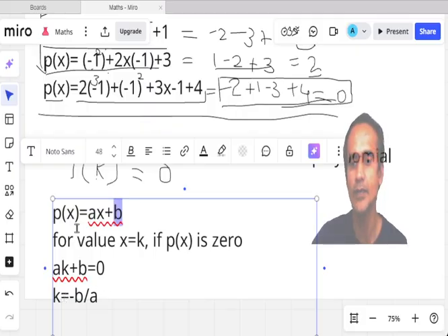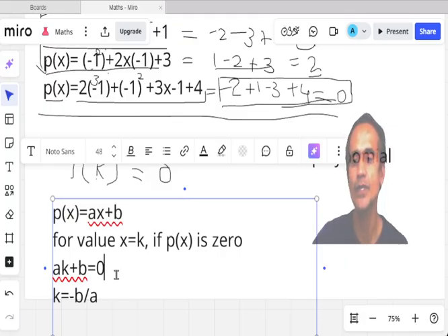This equation is very important because it tells for what value of x we can find the 0 of the polynomial. It is minus b by a, and this is true for all linear equations.